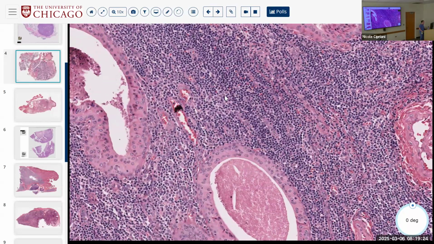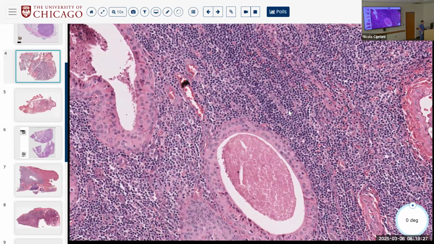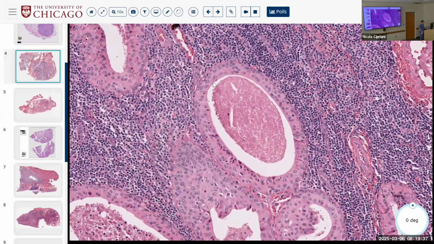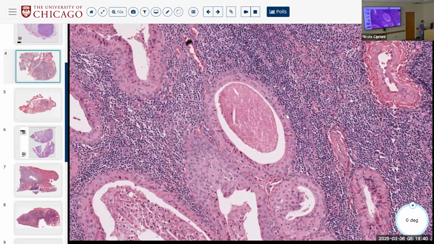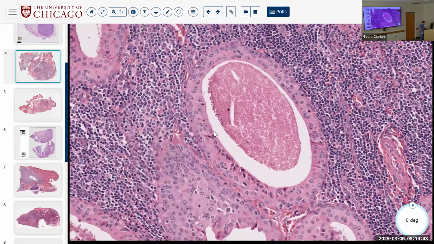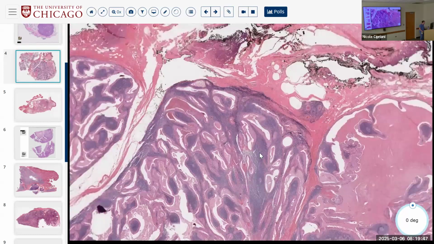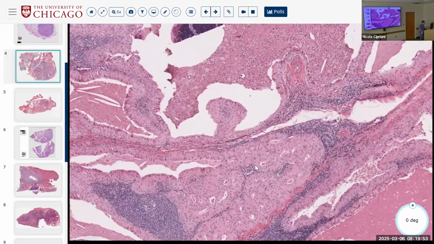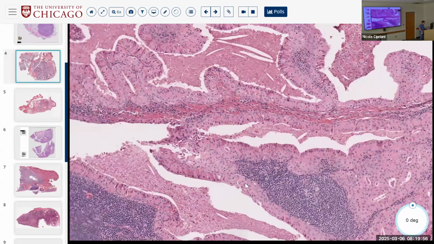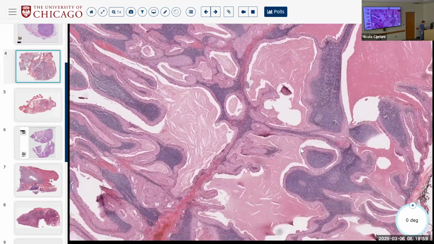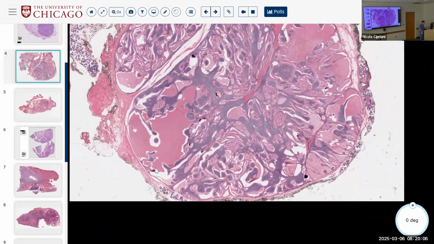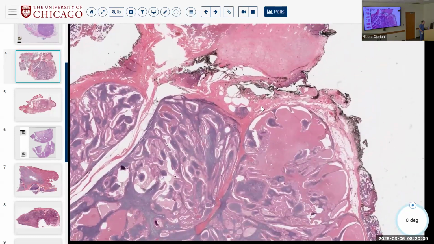The background looks very lymphoid, and then it's sort of lined by two layers of acidic cells. Standing out. So I would think that this would be important.